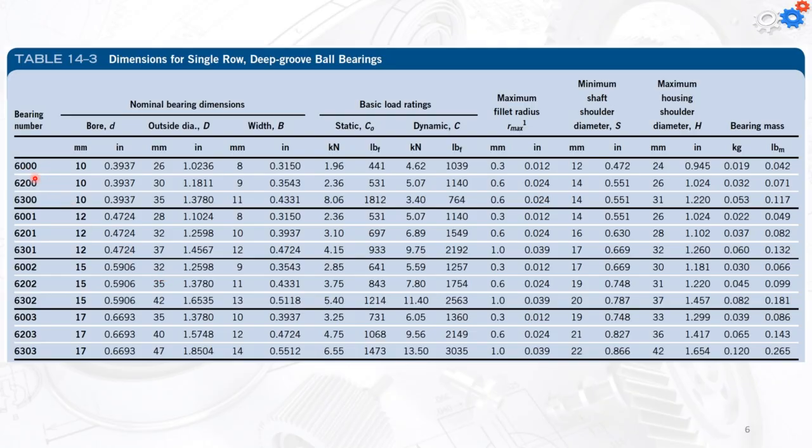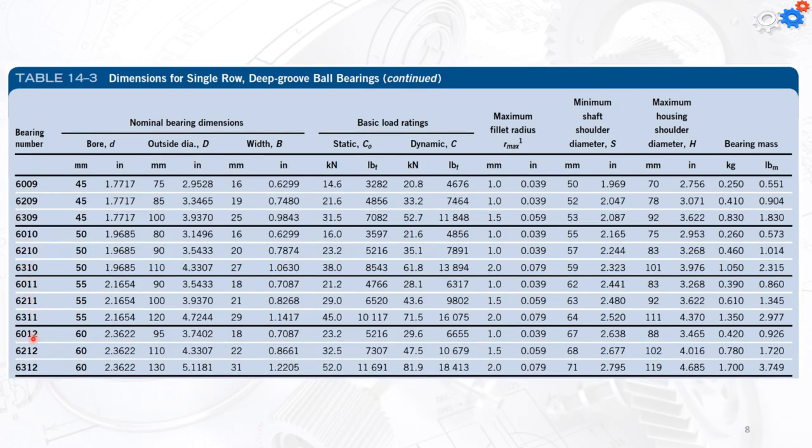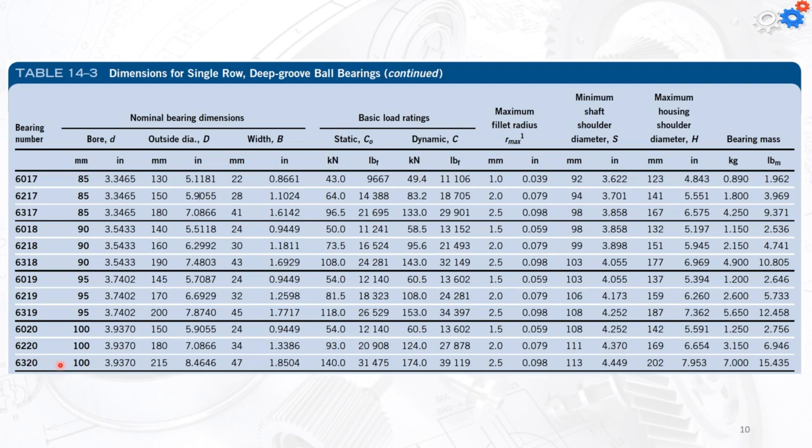So we're looking for the 6018. It's going to be somewhere here, 7, 8, 12, 16, 18. So 6018. That's the one, and we're going to get the value for the dynamic C, which is 58,500.